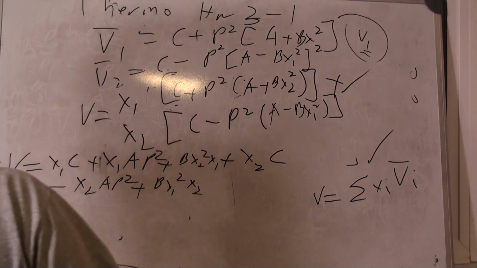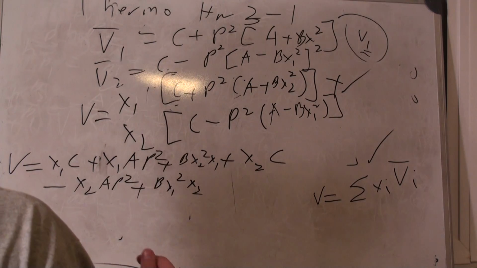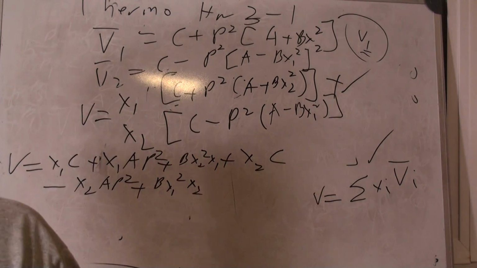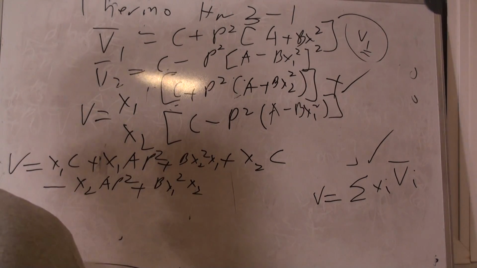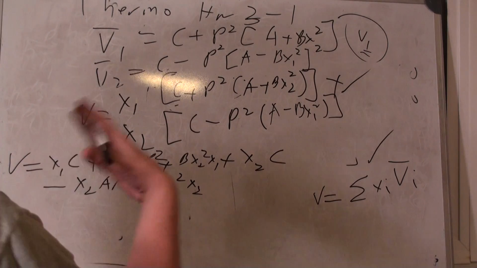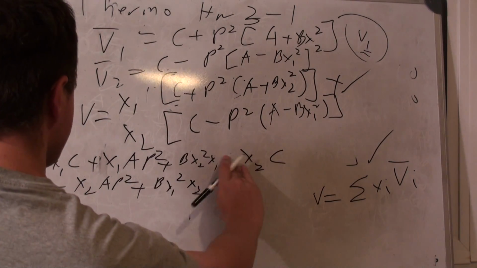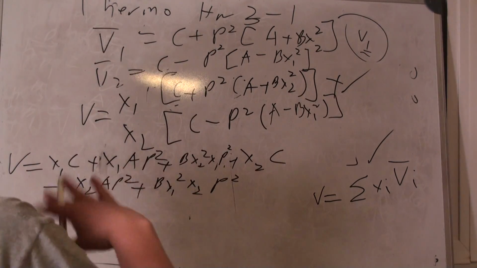Okay. And then when you're combining terms, usually you're wanting to combine like the A's and the B's and the C's and stuff. Okay. So in this case, let's do our A P squared, because there should be a P squared here and a P squared here. Okay, but in any case, let's move on.